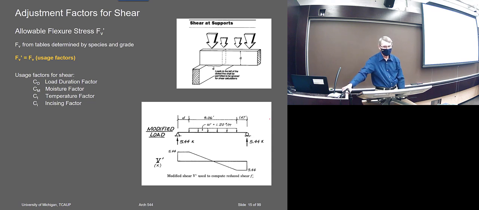With shear, you see they're the same factors. There are fewer of them. The stability doesn't come into it. You still have the load duration, moisture, temperature, and incising. That's the only thing that's critical. And you see you'd leave off that load. So this would be the max, right?